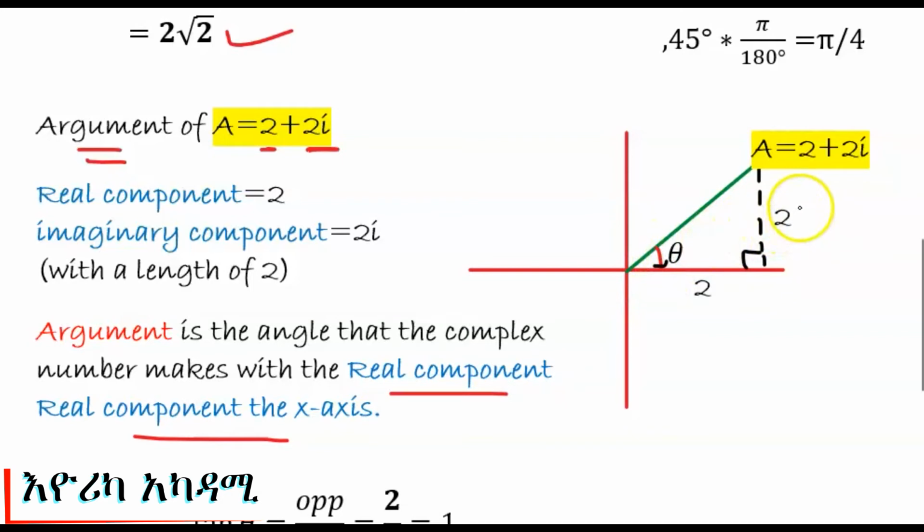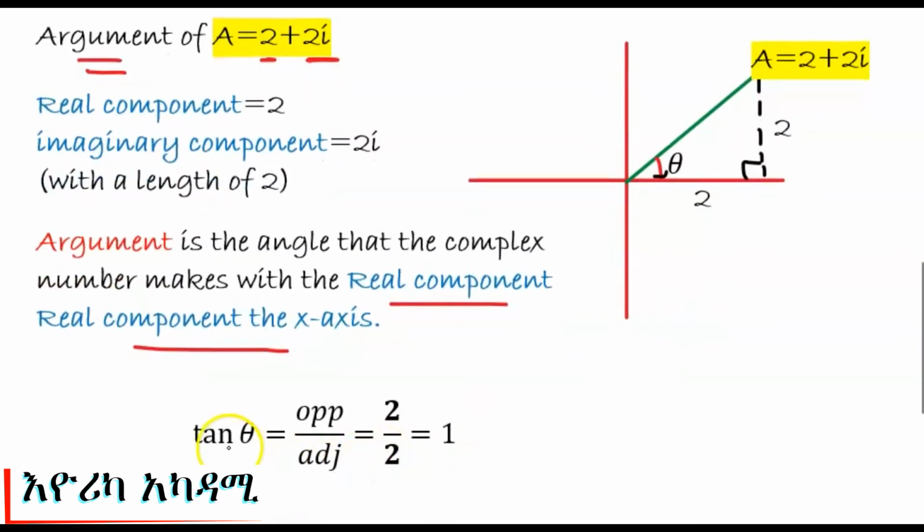To do that, as you can see, here is 2 and here again 2. We already have the real component, and the imaginary component is the dotted line drawn here. The 90 degrees is given, so we can use the trig terms sin and cosine. Since the opposite and adjacent are given, we use tan theta.